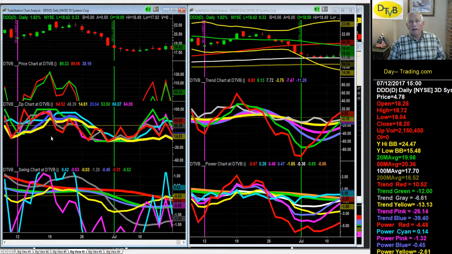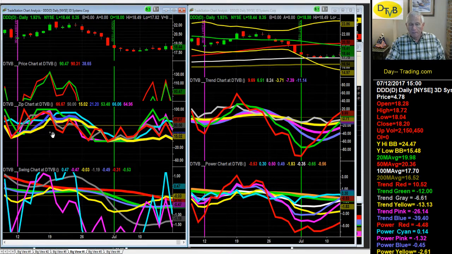Zip pink comes out from the other lines, but typically red, gray, yellow, and blue drop down. In this case here, red and gray drop down, but yellow and blue were still climbing up in the uptrend. And so it still makes no difference. They were lower than red and gray.